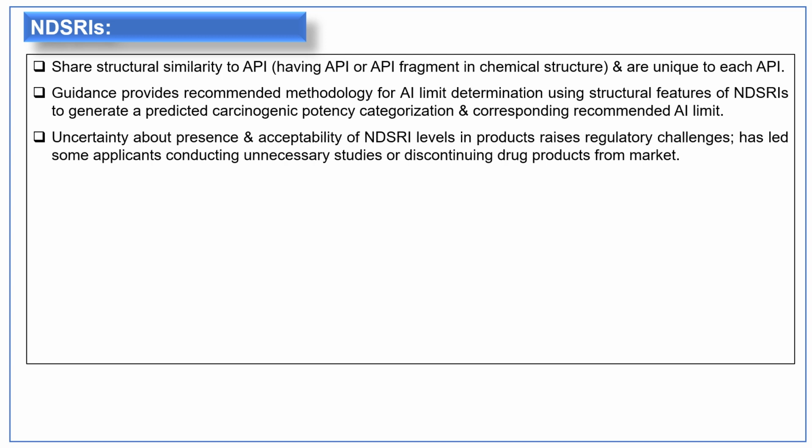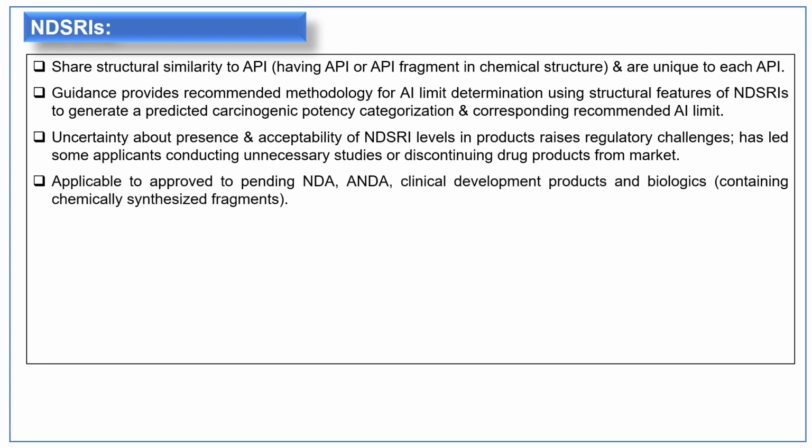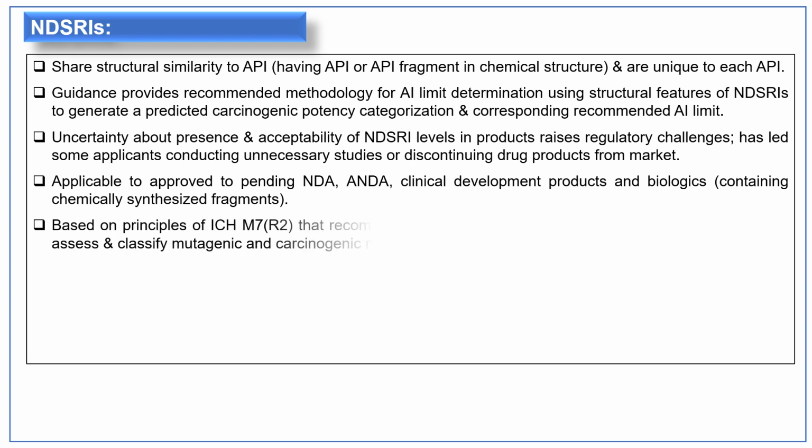There's an uncertainty about the presence and acceptable levels for these NDSRIs, and many of the firms were unnecessarily panicking and recalling products. So the guidance has been provided to ensure supply continuity of the drug and to provide an acceptable intake limit for the NDSRIs. It is applicable to all approved or pending NDA, ANDA, clinical development products and biologics as well.